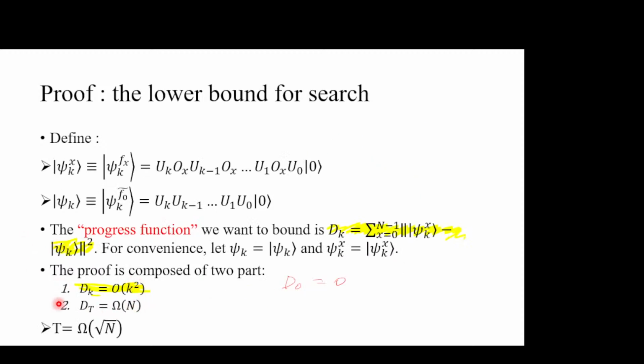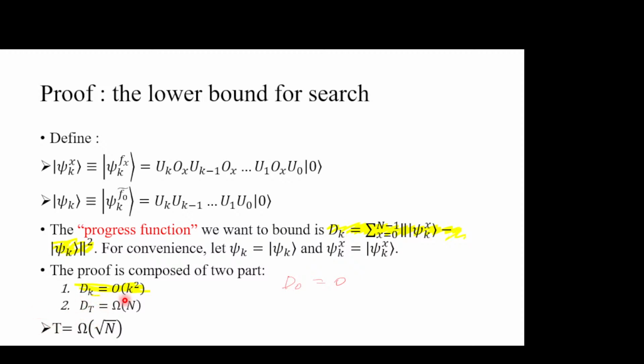We are able to show that the progress function cannot grow too fast with respect to the number of oracle calls. So if you use only k oracle calls, then the progress function can only grow as order k squared.